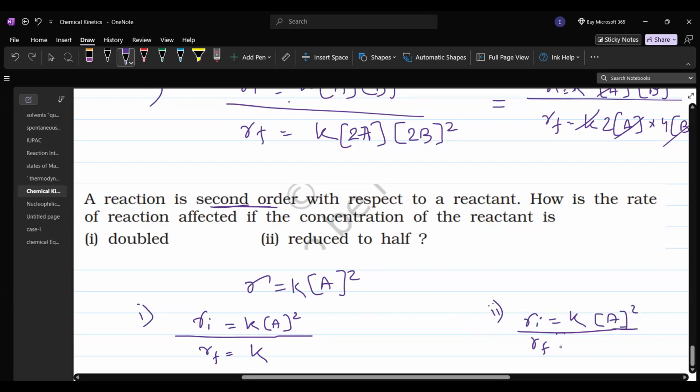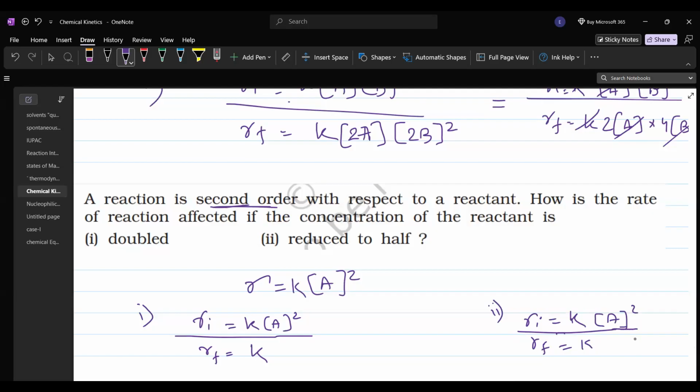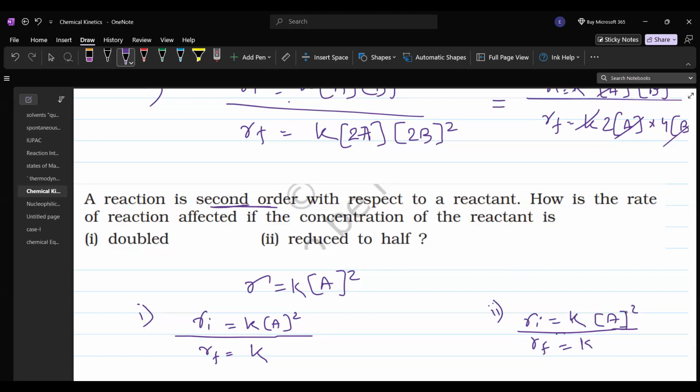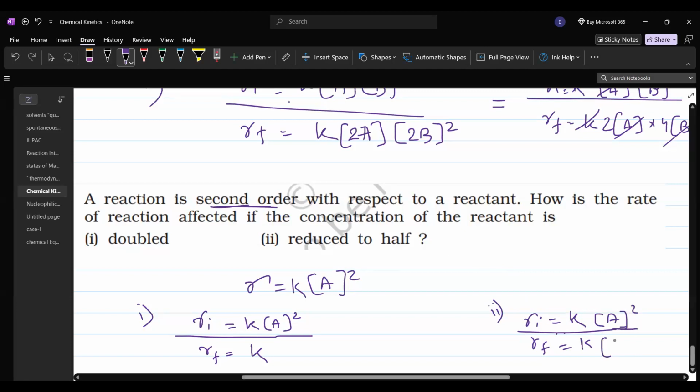Kindly look at the second part. You can do this, but still I'm letting you know, because you have to solve a lot of questions. I will give you a homework. I would like you to try them out, the questions which I will give you as an assignment. So A is reducing to half. So what I will write in the concentration part? A by 2. Good.